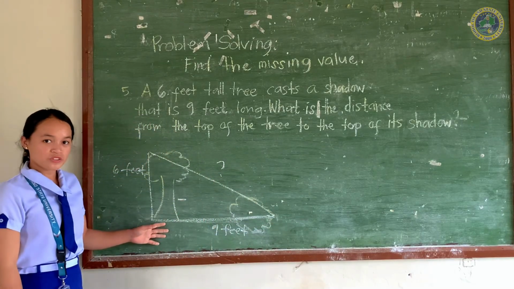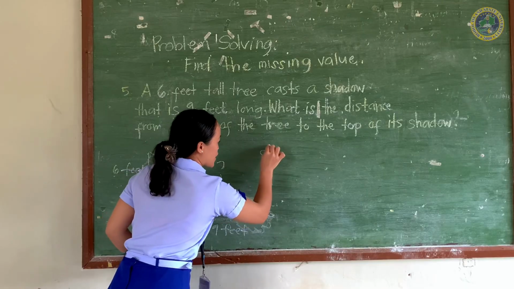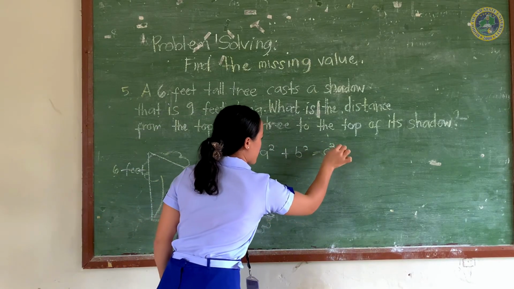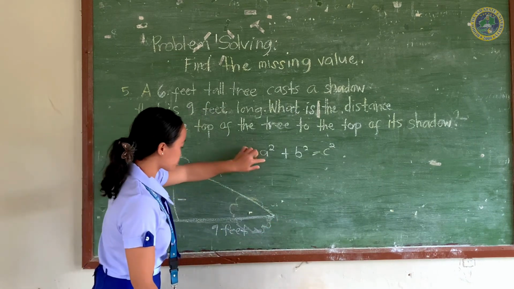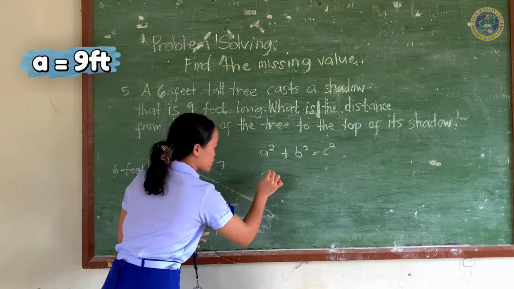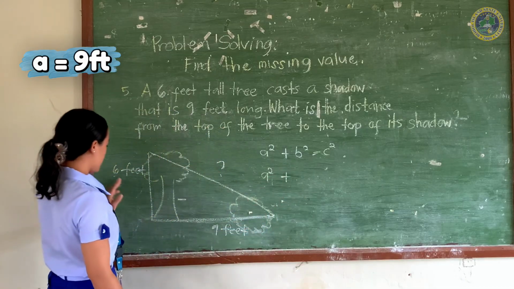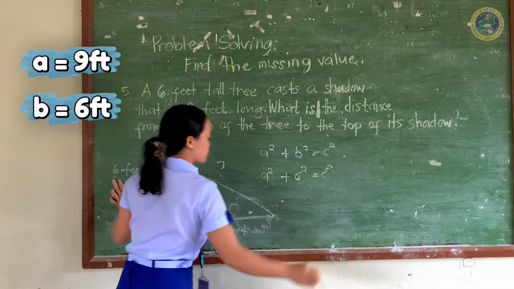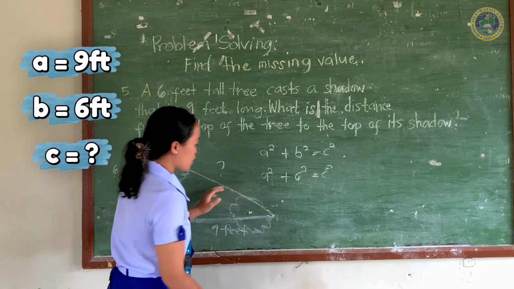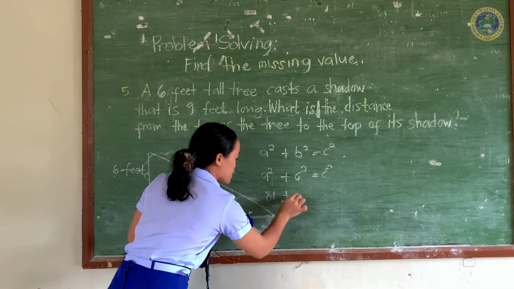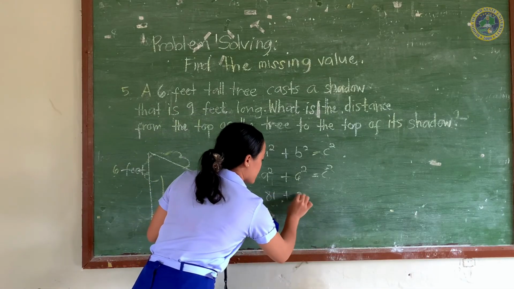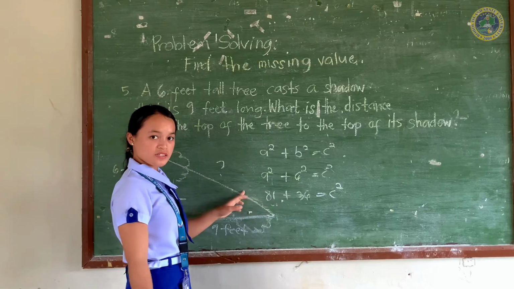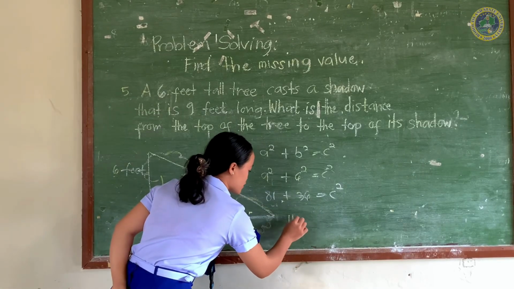So let's use the Pythagorean formula. a squared plus b squared equals c squared. So our a squared would be 9 feet. So 9 squared plus 6 squared. 9 squared equals 81, plus 6 squared equals 36. 81 plus 36 equals 117.